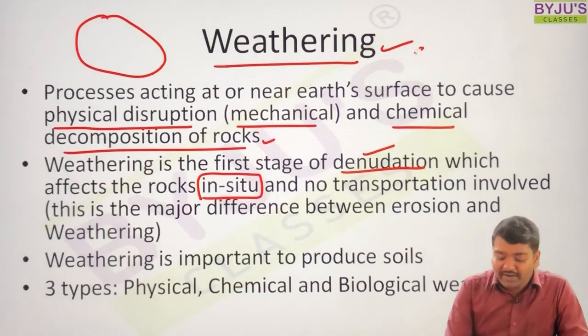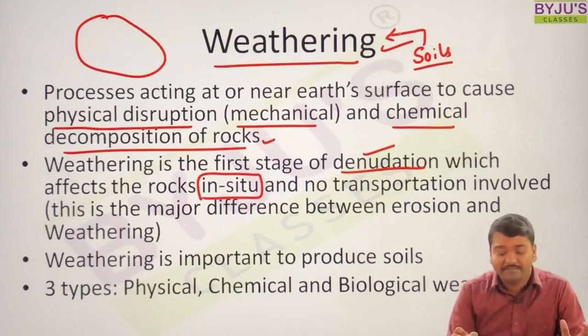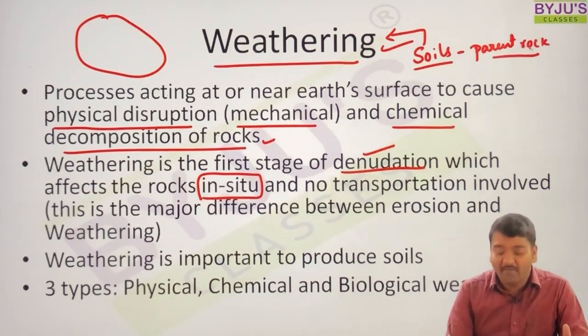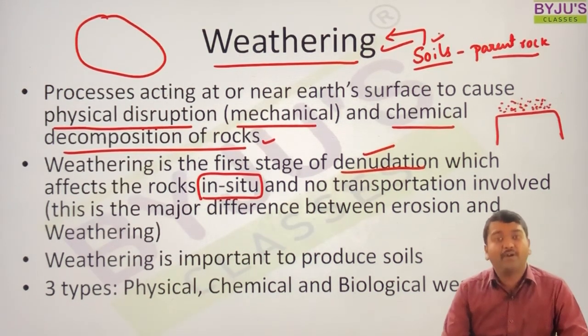Now tell me, if I talk about the soils that are actually formed due to weathering, will the soil formed from the parent rock be the same or different? If the parent rock is present below and soil is present above, will the soil be closer to the parent rock or different from it?